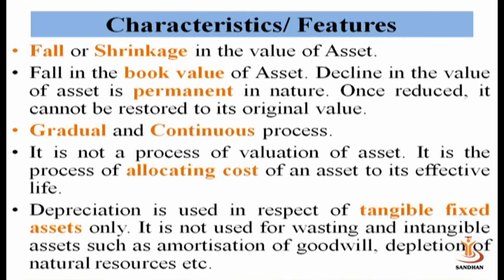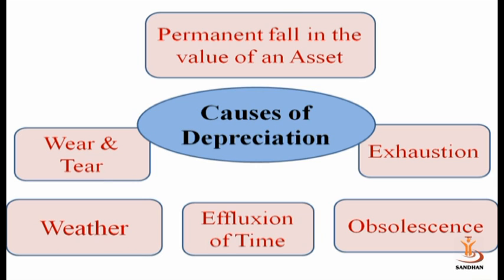So the valuation of depreciation is very important in case of fixed tangible assets. What are the causes of depreciation? Due to what reasons is the depreciation to be calculated and shown in the books of assets?